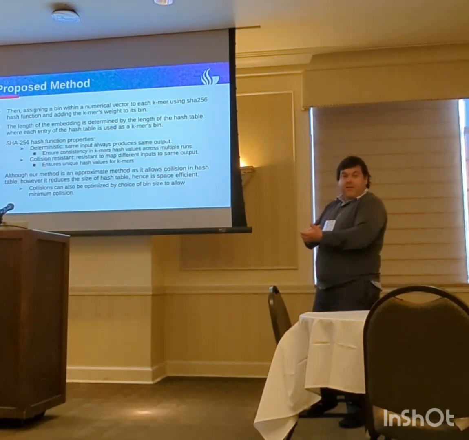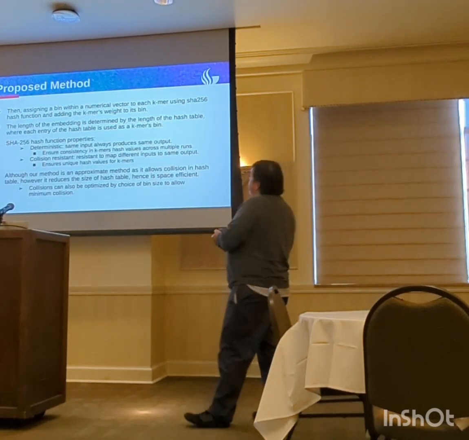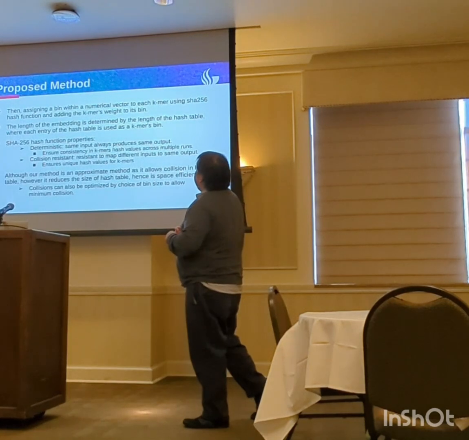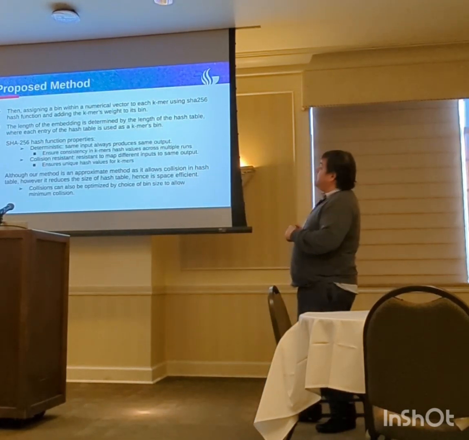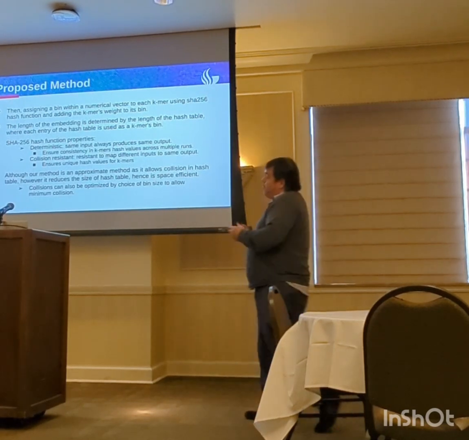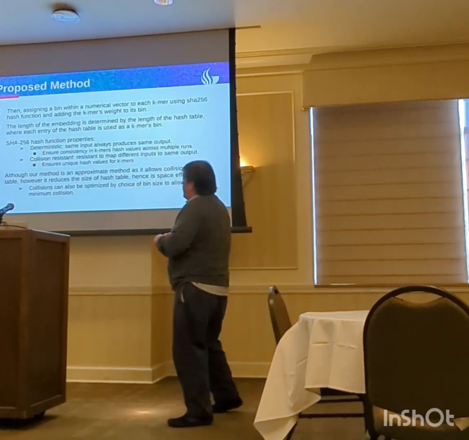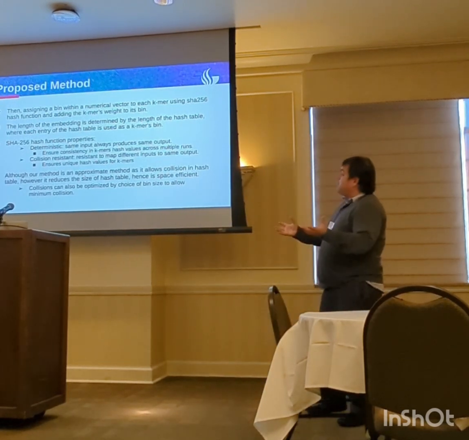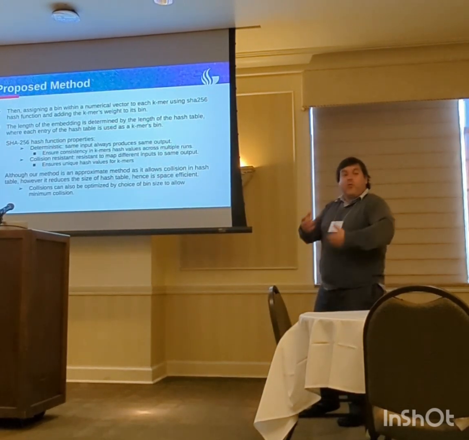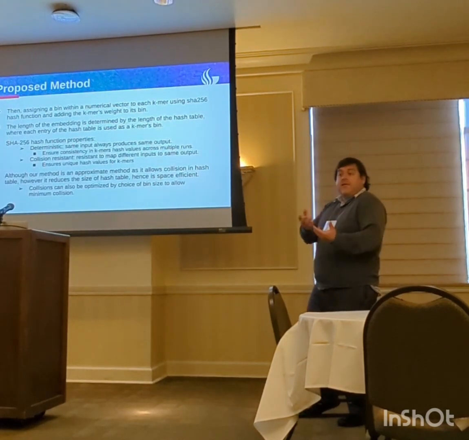So we're assigning the weight of that k-mer to the bin using this SHA-256 hash function. What's nice about the SHA-256 hash function is that it's deterministic. The same input will always produce the same output. So reproducibility is there.